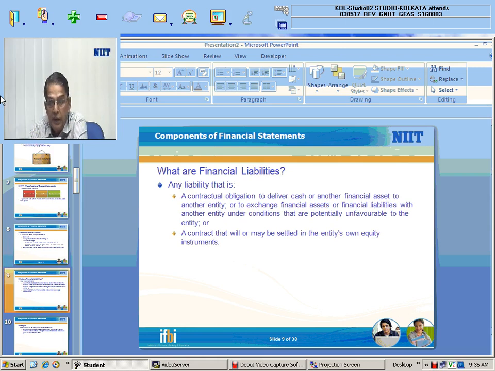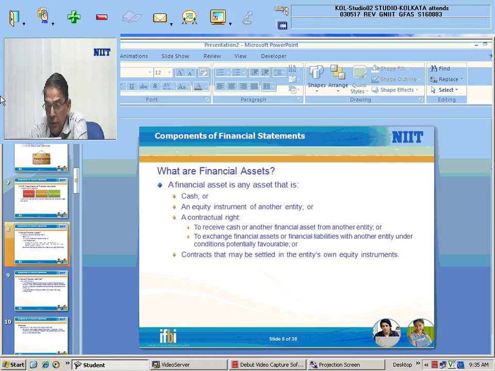Similarly, financial liabilities. There is a definition for the financial liability.